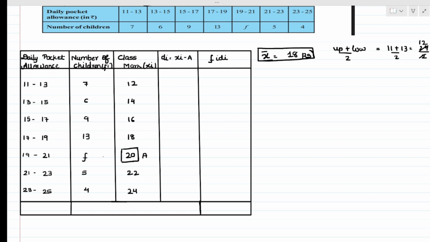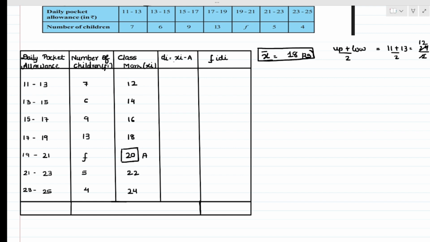Whenever there is a missing frequency, always name the Xi opposite to it as A, the assumed mean. In this case, we need to find F for the class interval 19 to 21, so the Xi opposite to that will become your A. This is the specific condition you have to remember. The rest of the things are similar to the sums we have done earlier.